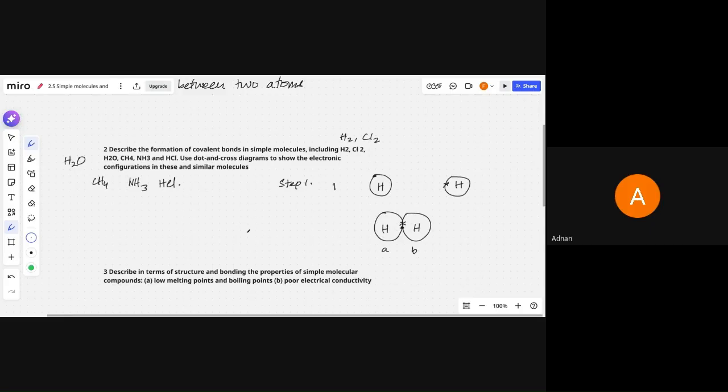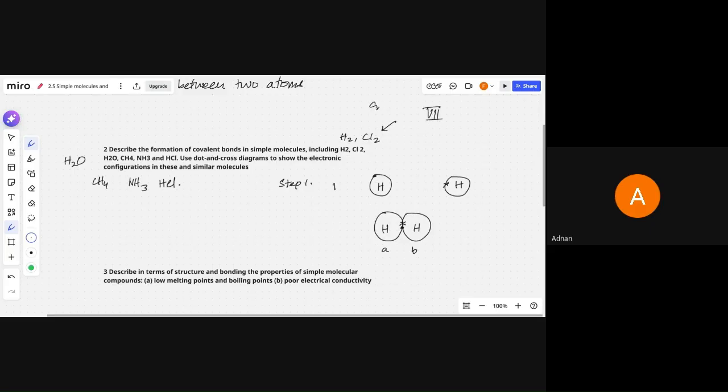So let us practice more. Now let us apply this on chlorine. You can pause this lecture here and try by yourself to draw the dot and cross diagram for the chlorine molecule. So again, step one, you draw the chlorine atom. If you look at the periodic table, you will find chlorine in group 7, and it is in period 3, right?